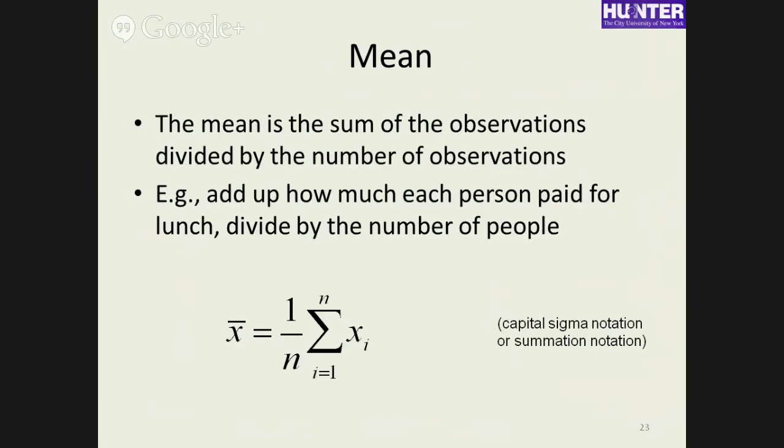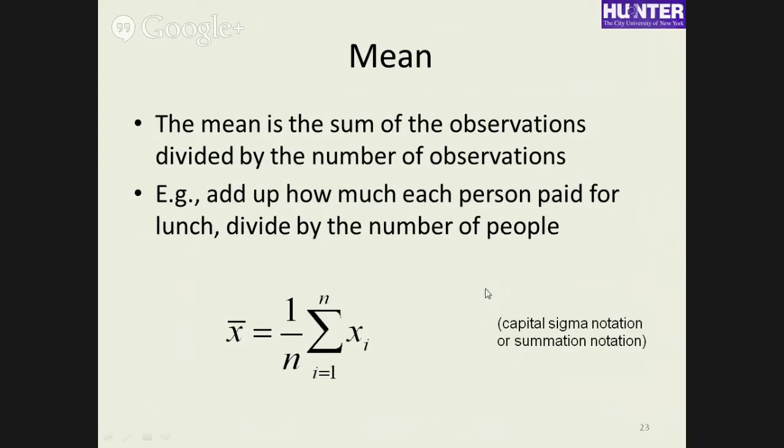This is called capital sigma or summation notation. This is the Greek capital letter sigma, and all it means is a sum. If x is a quantitative variable, each individual observation is x sub i, where i between 1 and the number of records represents each individual.